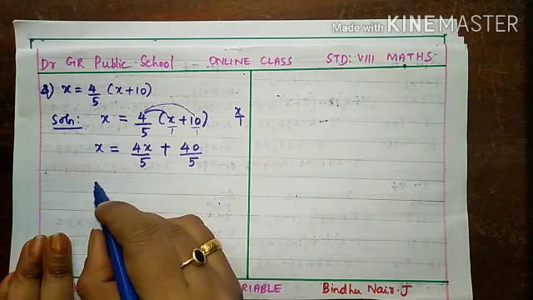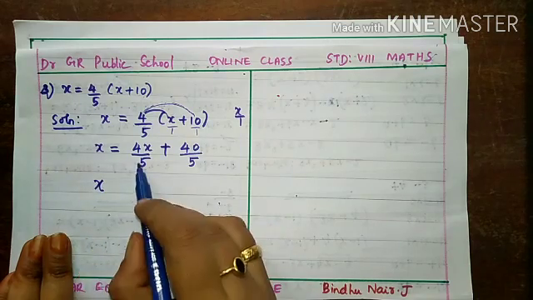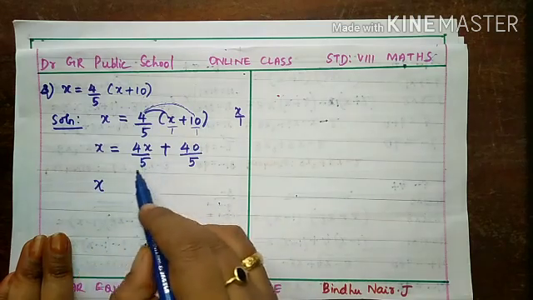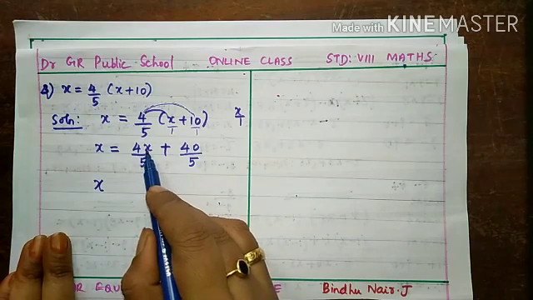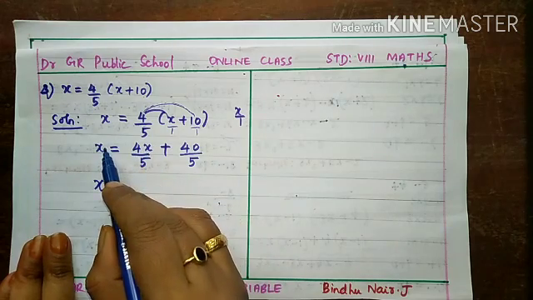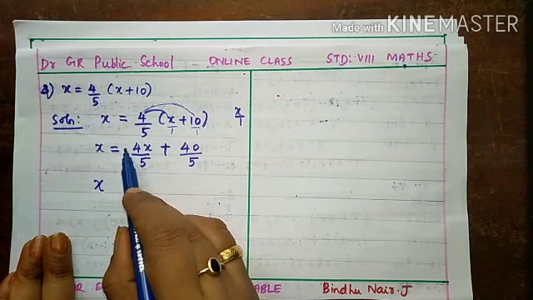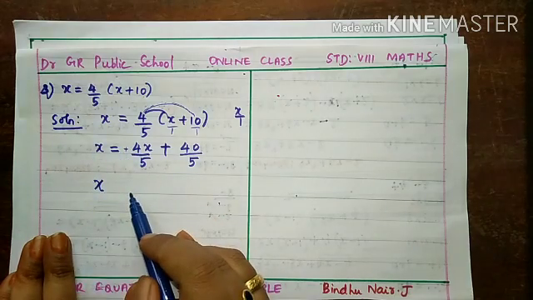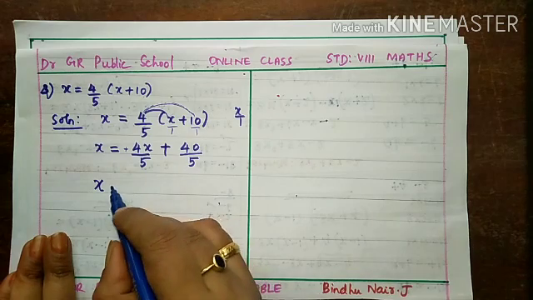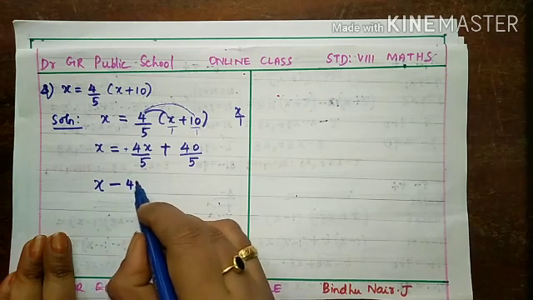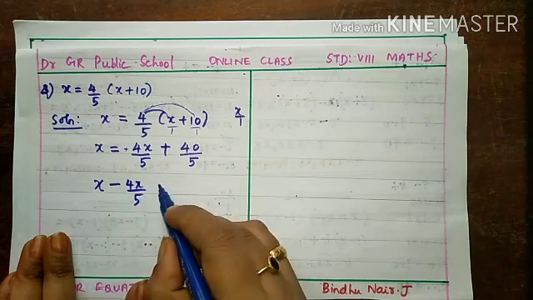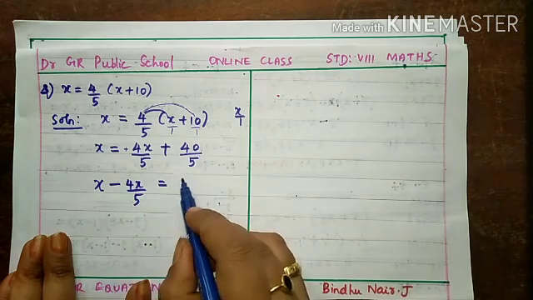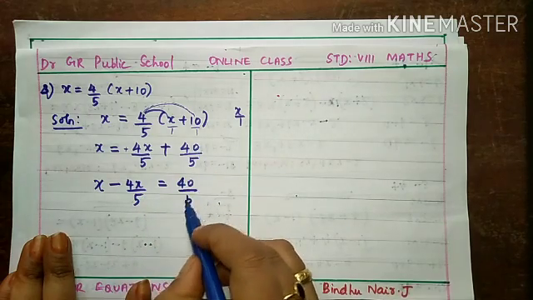So next step, it is x, and here you see 4x by 5, and we are transposing this to this side, means its sign is positive here, and when it is transposed to LHS, it becomes negative. So x minus 4x by 5 equal to, here what you see, 40 by 5.